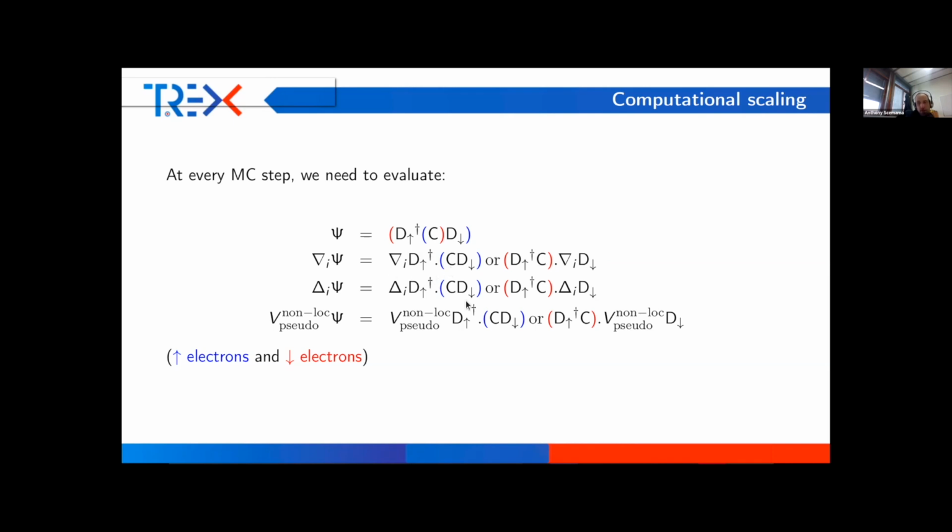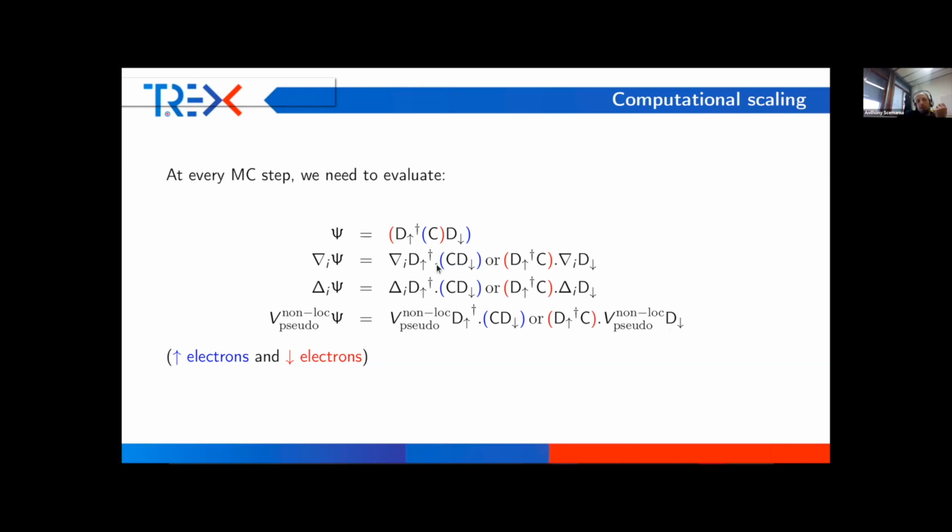The Laplacian has the same kind of expression, but instead of having the gradient here, you have the Laplacian. And similarly, for the non-local pseudo-potential, you have the non-local pseudo-potential operator acting on the upspin electrons here or on the downspin electrons here. So it's always the same kind of expression.